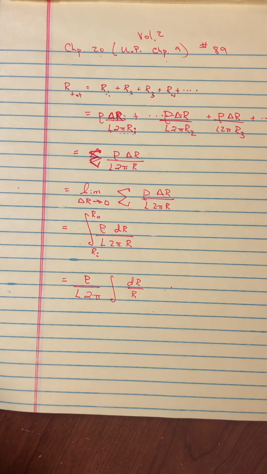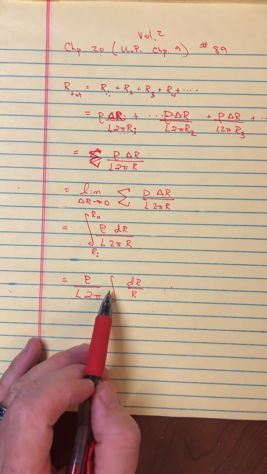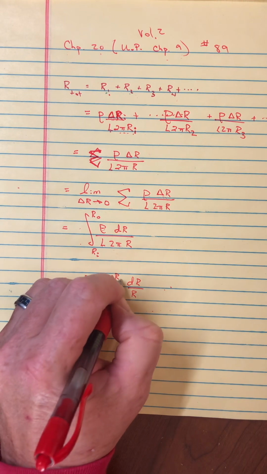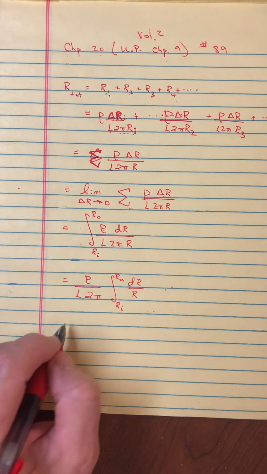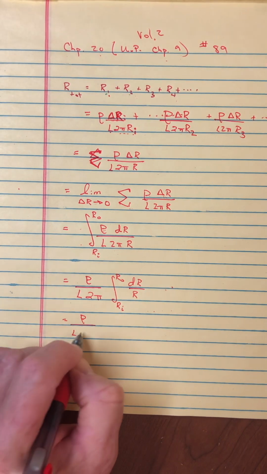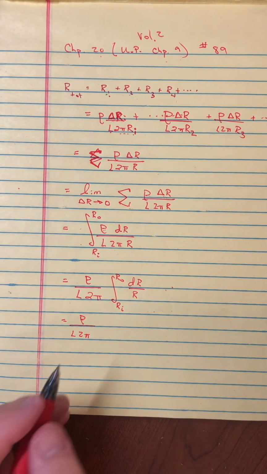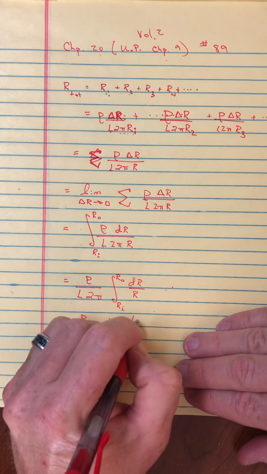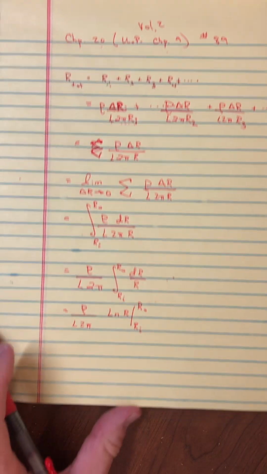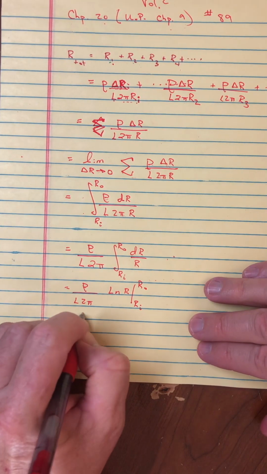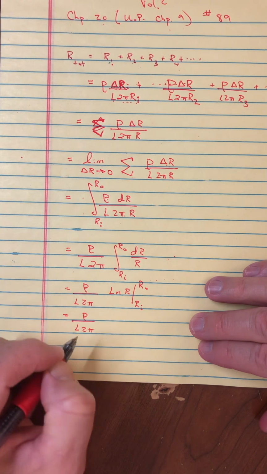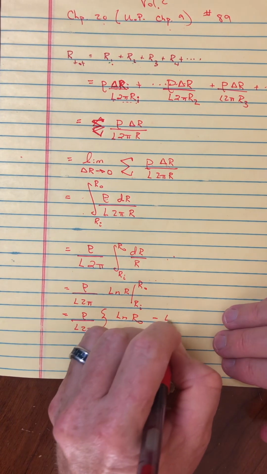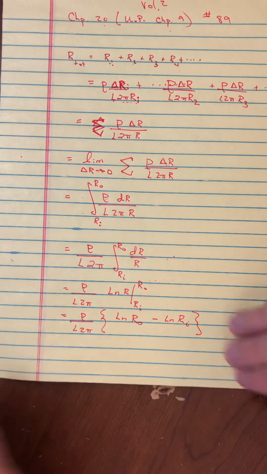is also. And so the only thing I have is that integral of dr over r, which you can look up if you've forgotten it from your calculus class. But that's one of the pretty common ones, and it's the natural log of r. And then we can evaluate it from initial to final. Continuing on with the math, I would then have ln of outer radius minus ln of inner radius.